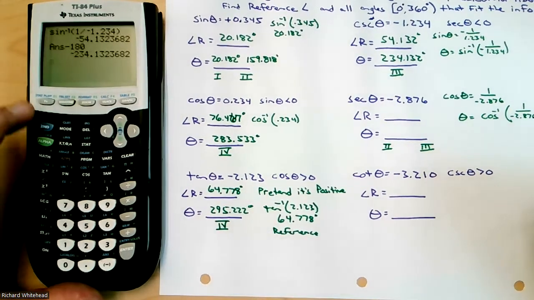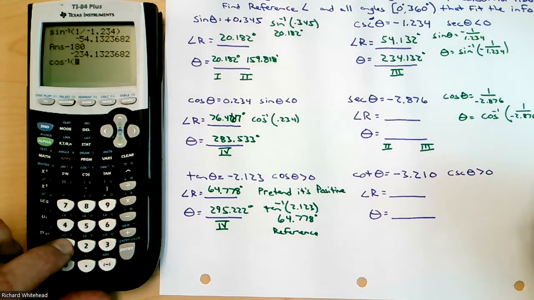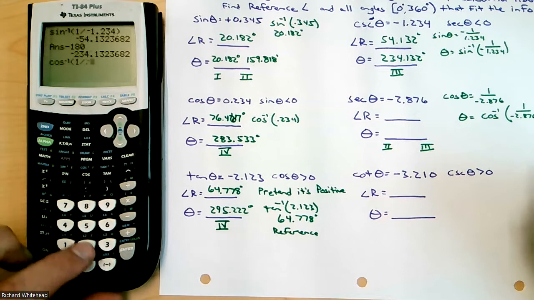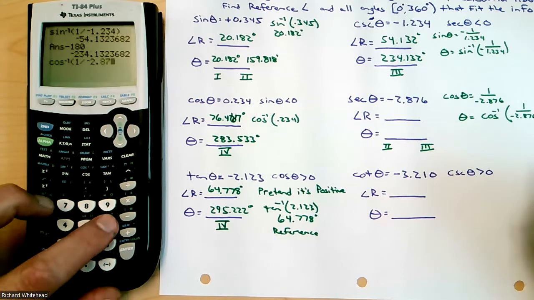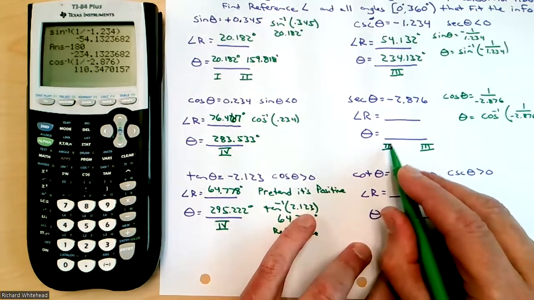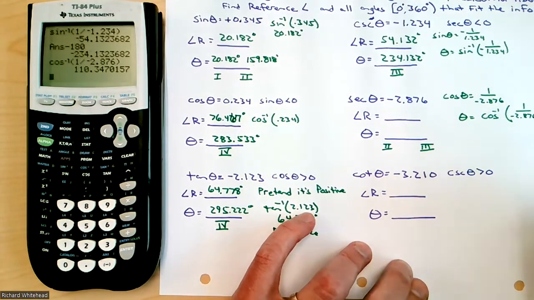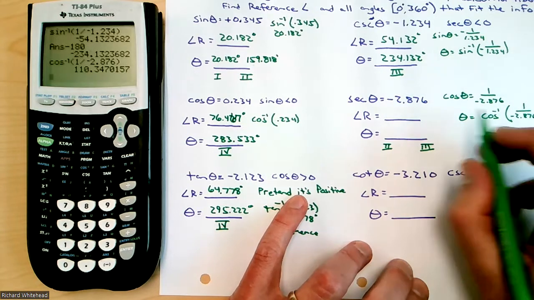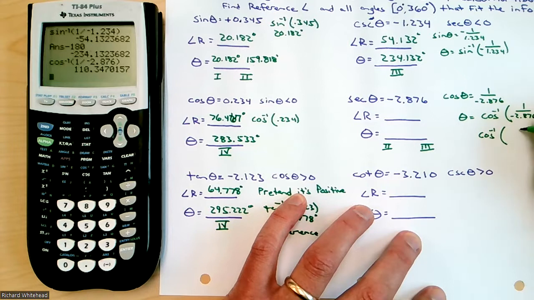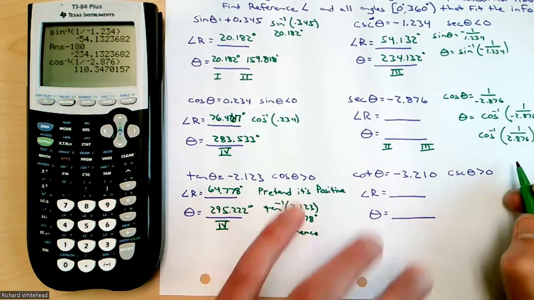If I do inverse cosine 1 divided by negative 2.876, I get 110. Well, 110 does make the second quadrant angle, but I think that might confuse some people, because they'll think that automatically makes the reference. So like I said, I would just pretend for a second that it's positive.